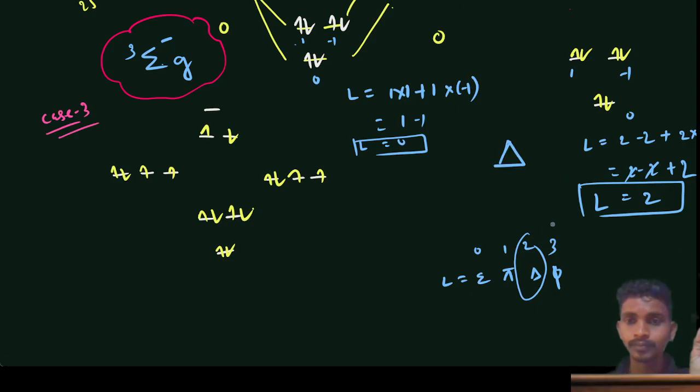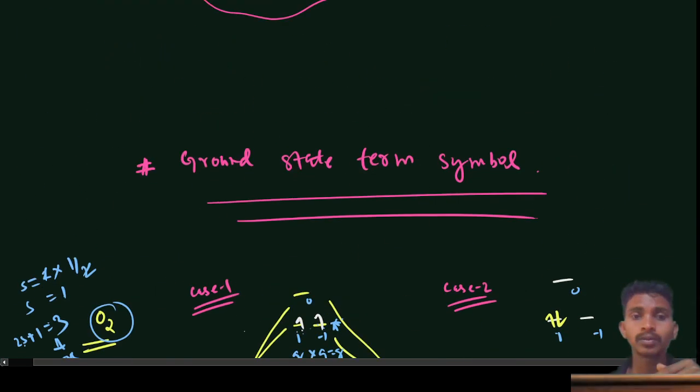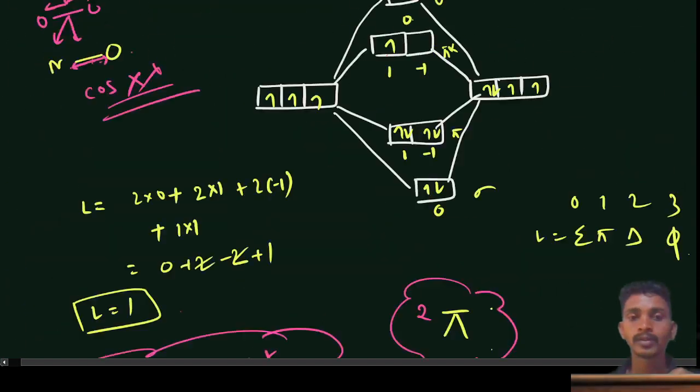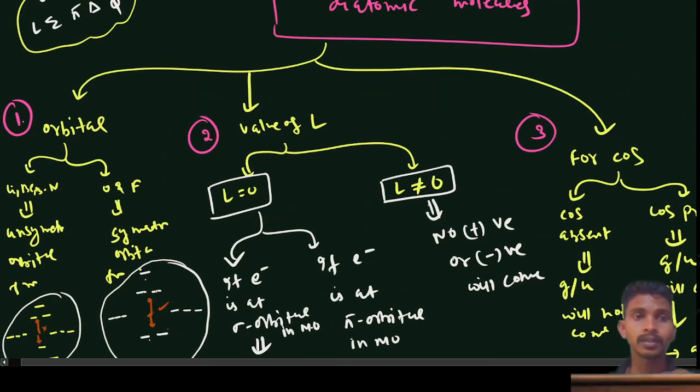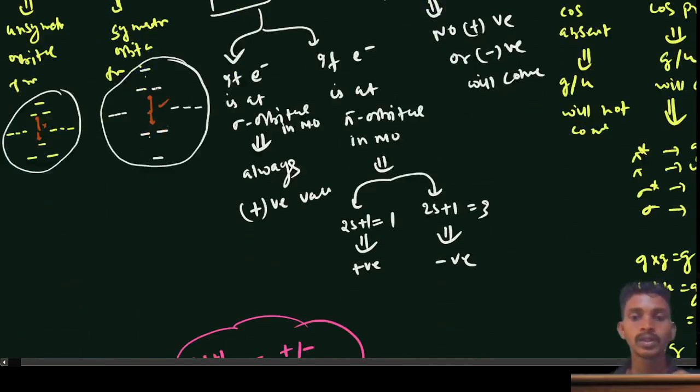After that, if the value of L is not equal to 0, then we will not write plus or minus, so plus or minus will not come. Okay, now we look for g or u. This is about oxygen. Okay, so g or u will come.